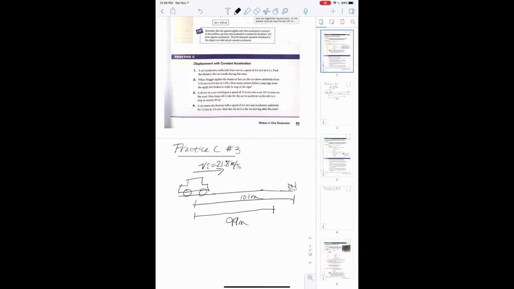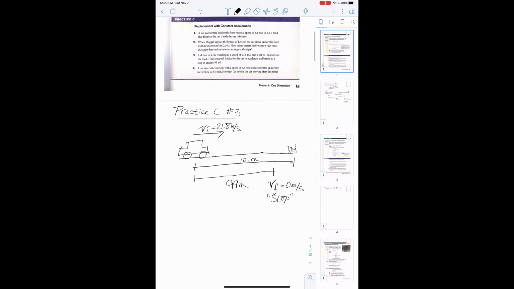All right, so to a stop. This means that when we travel 99 meters, our final velocity is going to equal 0 meters per second because we saw stop. When they say accelerate uniformly, we don't know what the acceleration is.